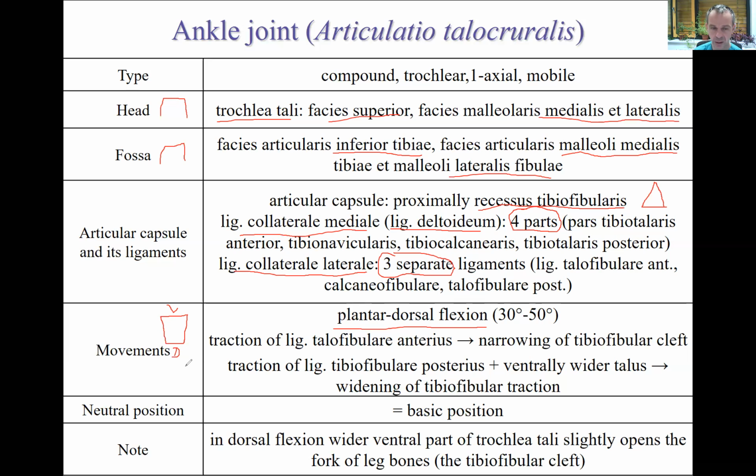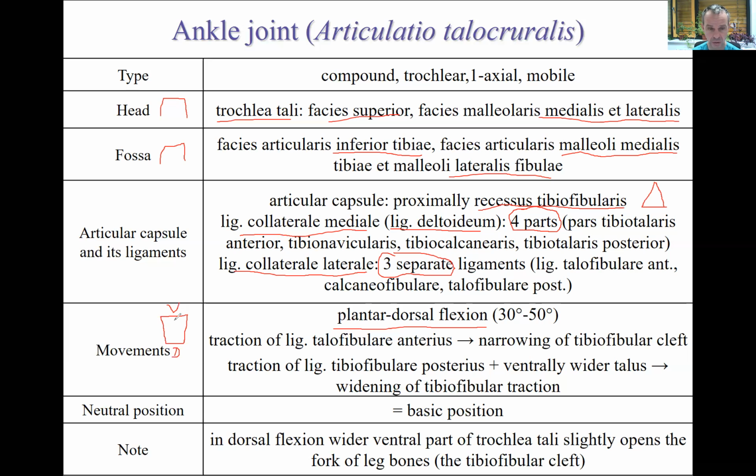And this widening and narrowing is allowed by the existence of tibiofibular syndesmosis, which we have talked about just a minute ago. So in case there is no syndesmosis, it is not possible to allow this widening and narrowing of the tibiofibular cleft, and the plantar and dorsal flexion is not possible to be performed, mainly the dorsal flexion, as you can see that ventrally it is enlarged, yeah?